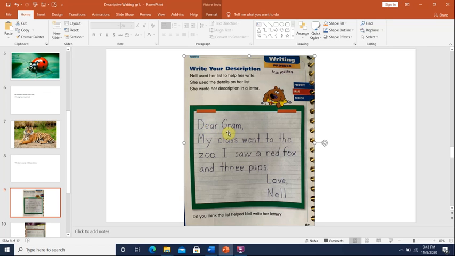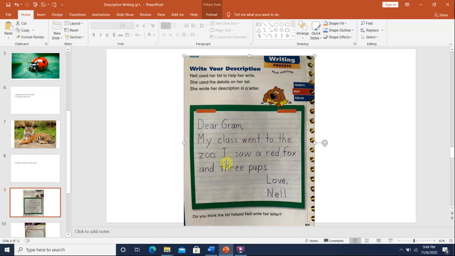Dear Graham. And then you start adding the sentences that you want to tell the person. My class went to the zoo. So the person is telling Graham that he went to the zoo with his class. And using I, he's talking about himself. He says, I saw a red fox.